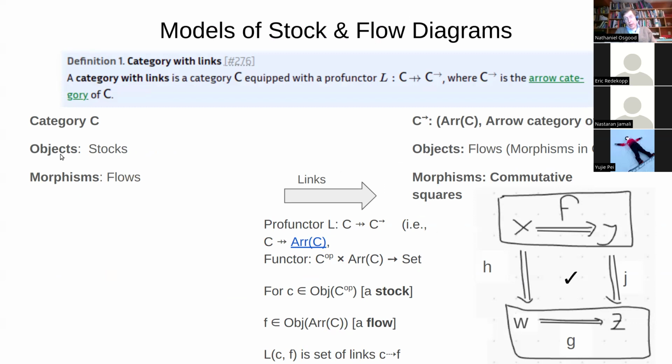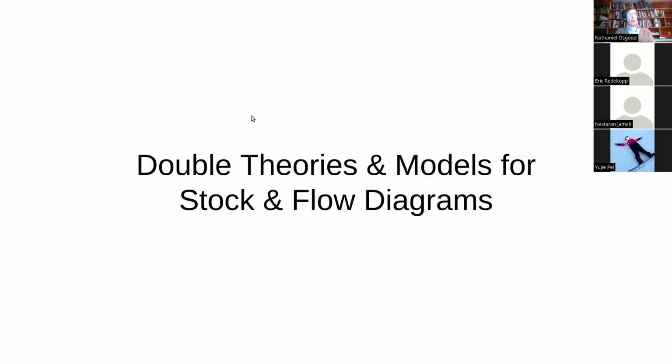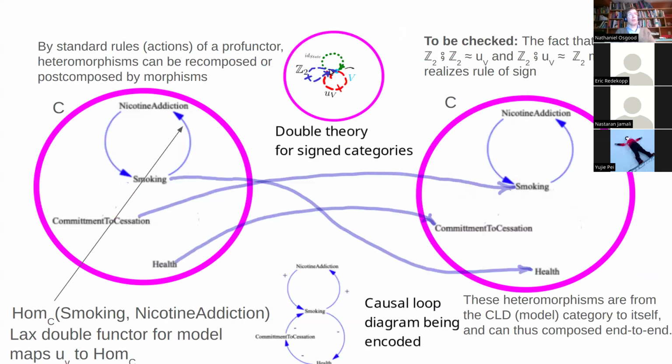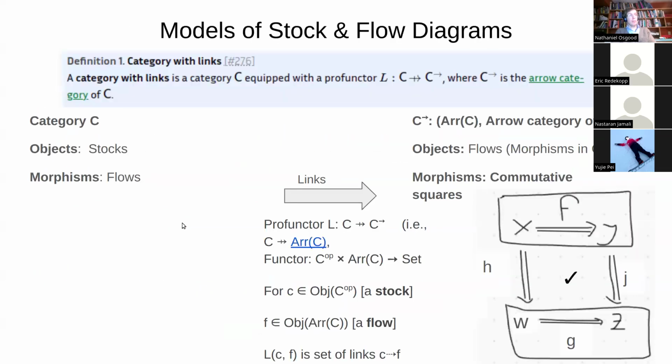It's not a double category. The objects of this category are stocks, and the morphisms are flows. Remember, we had the same thing here. This object V turned into a category, right? Where certain objects and certain morphisms. And so it is here. We have the category for the stock flow diagram.